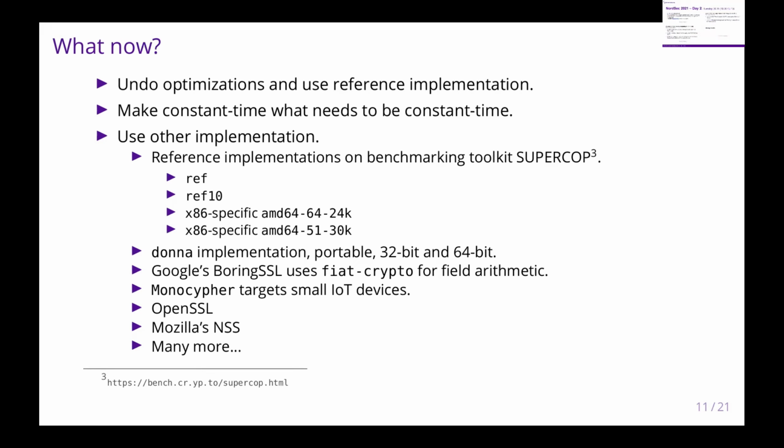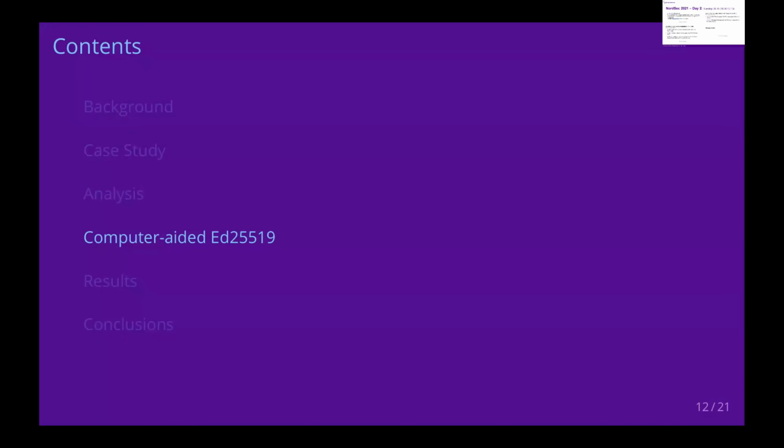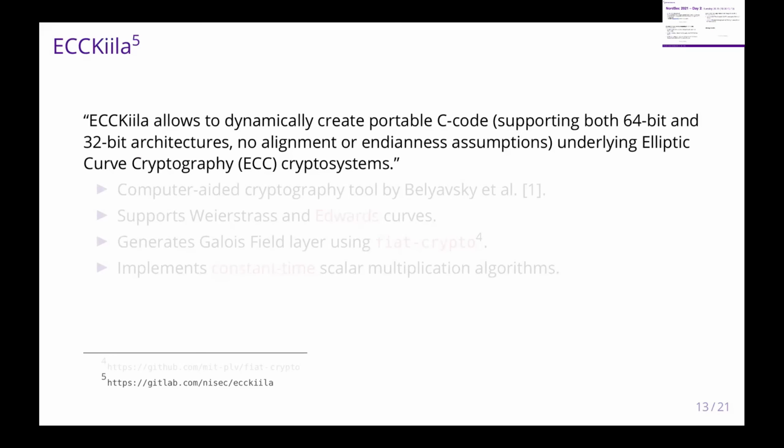OpenSSL, Mozilla NSS, and many more. So we decided not to go that way and instead use what is called computer-aided cryptography. For that, we use one tool called ECC-Kila. ECC-Kila creates portable C code for elliptic curve cryptography.